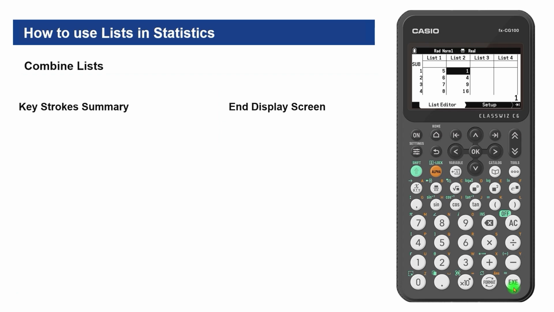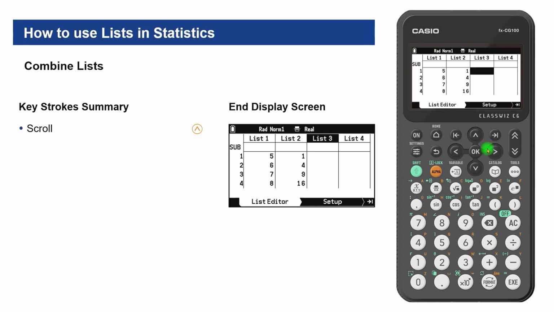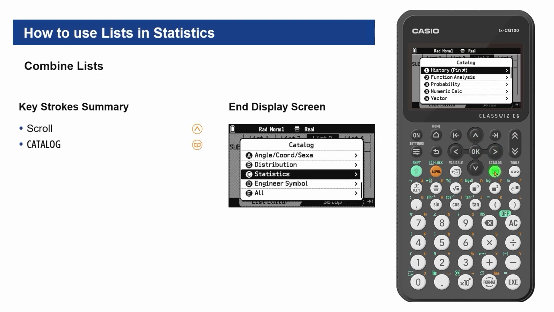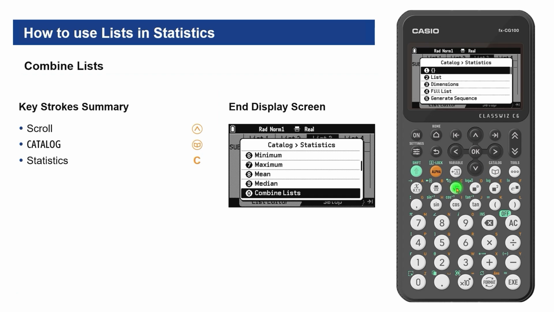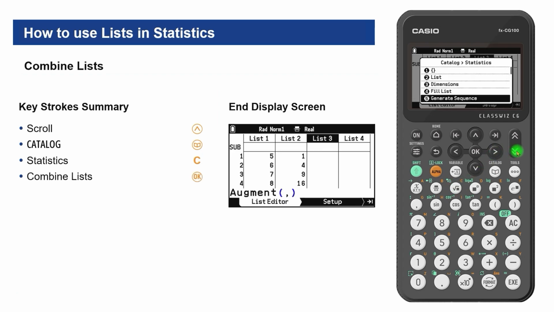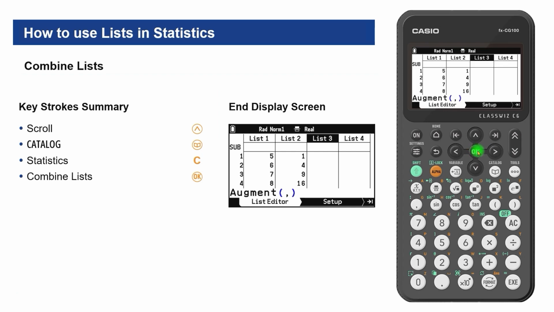If you have multiple lists, sometimes you may need to combine them into a single list. Instead of scrolling and entering data at the bottom of a list, scroll to highlight the header of a new list. Press Catalog and open Statistics. Then scroll or use the shortcut to open Combine Lists.